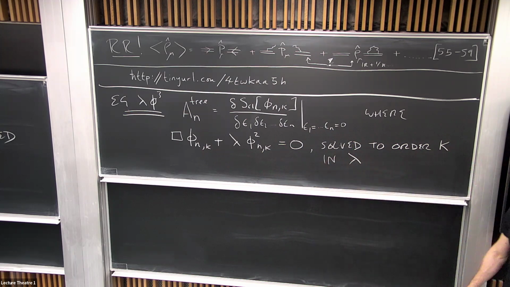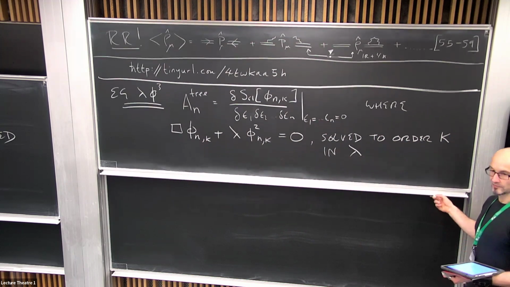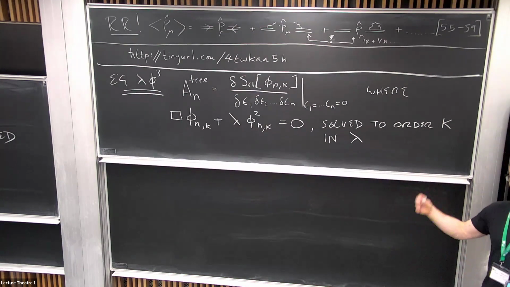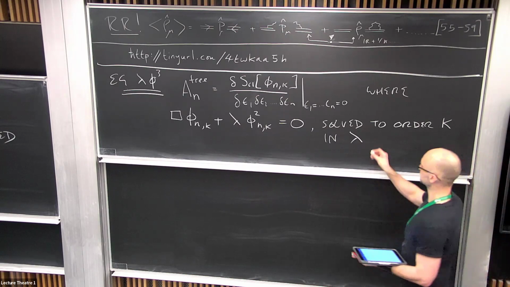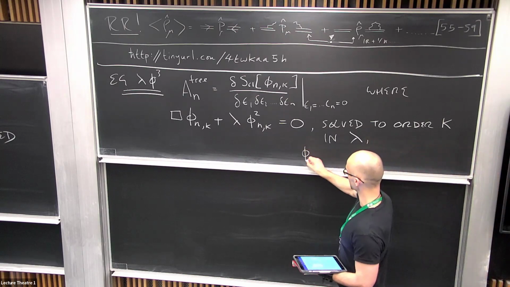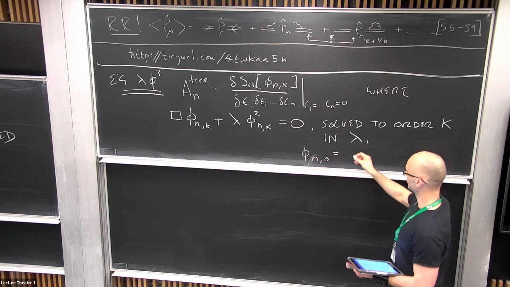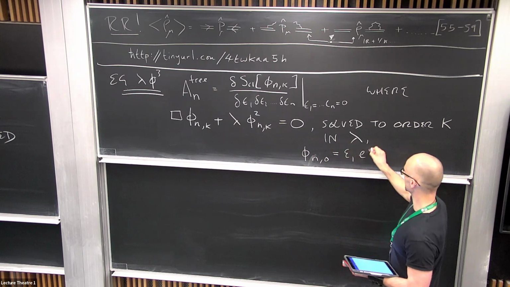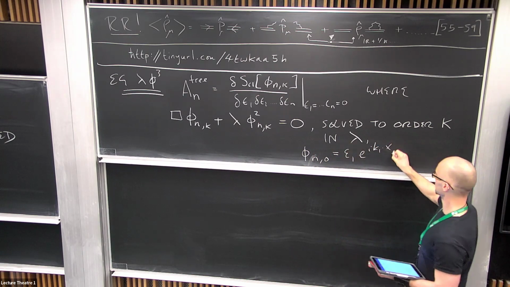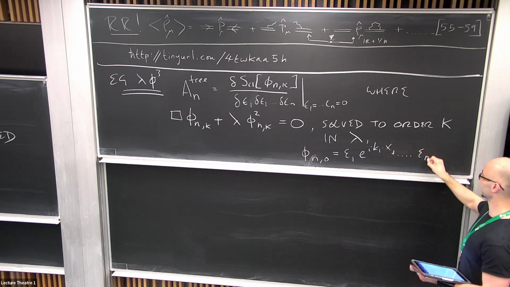Solve that order by order in k, and in powers of lambda. So that's perturbation theory in lambda, you can do that. And my initial condition is that phi_n^0 is just a collection of free fields.